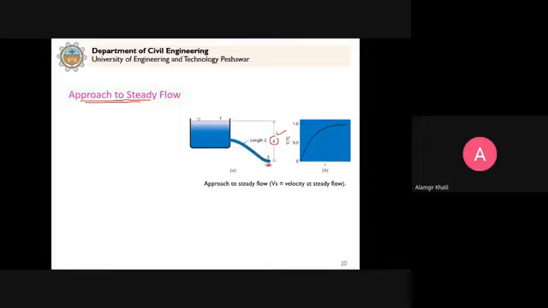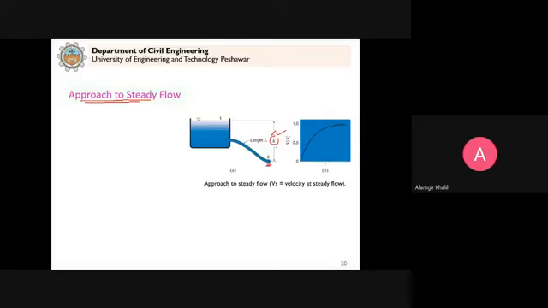So of course it is an unsteady flow problem. In this case, the flow will accelerate because the flow occurs under H. So what will happen? You want to calculate.